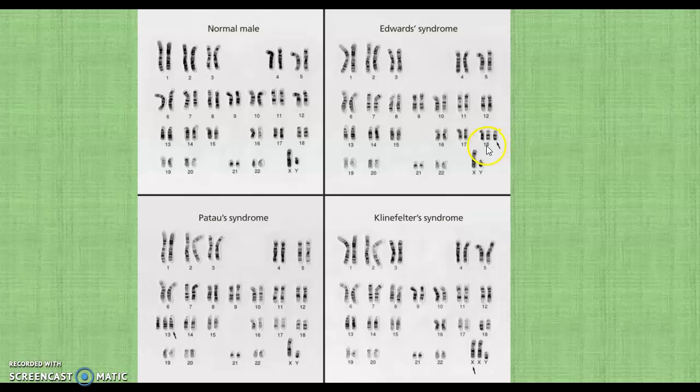This would be referred to as trisomy 18. So instead of having the normal 2, we have 3 of a chromosome. Patau syndrome is also referred to as trisomy 13. And then Klinefelter syndrome, this one has an extra X chromosome.